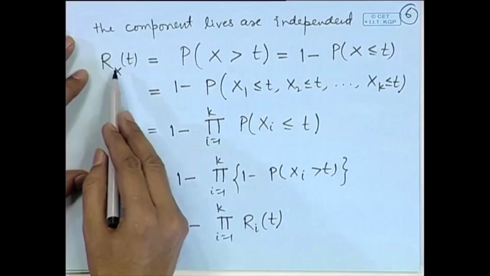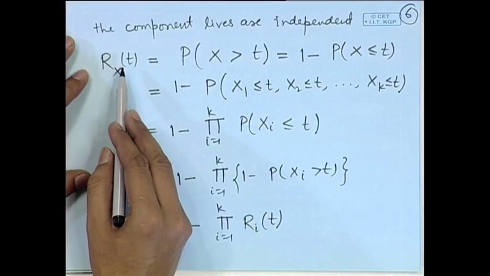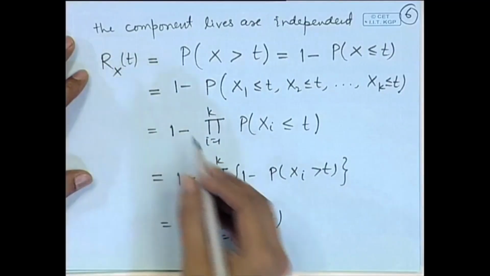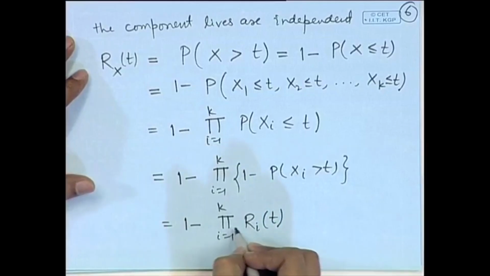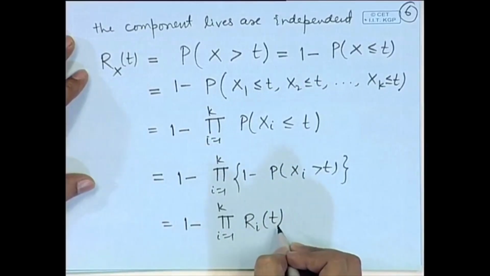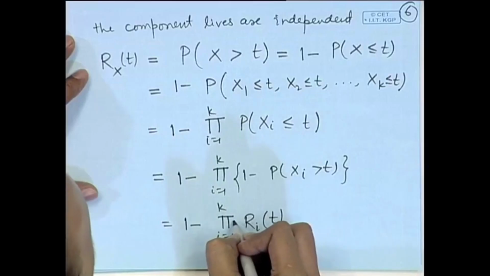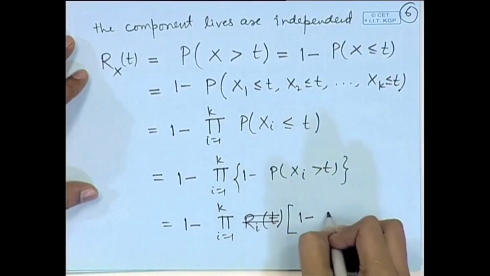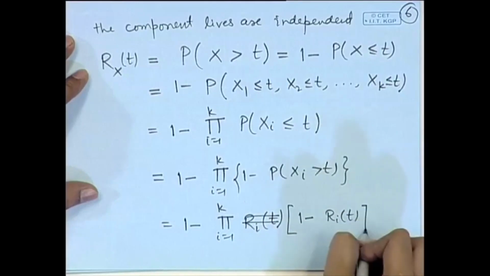Therefore, the reliability of a system consisting of parallel components is expressed as R x of t equal to 1 minus the product of 1 minus R i of t.